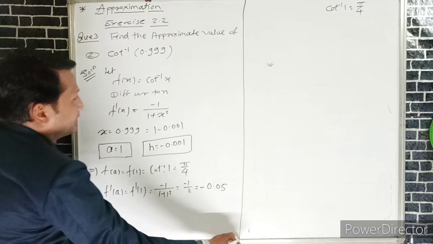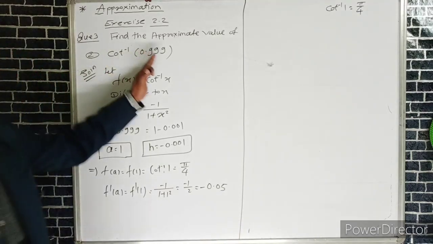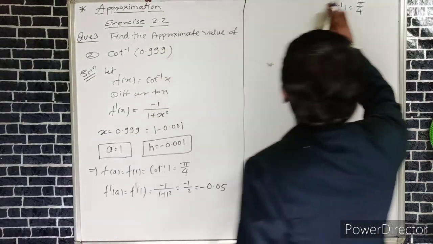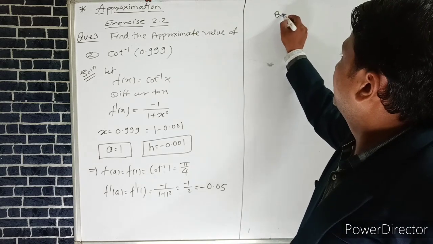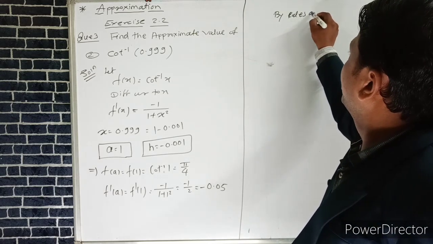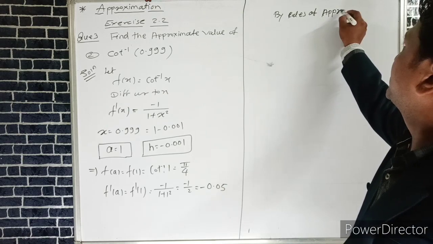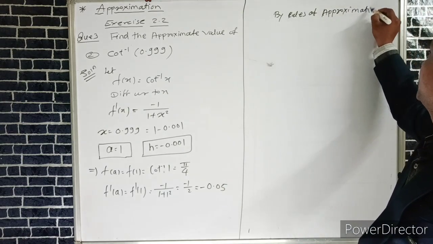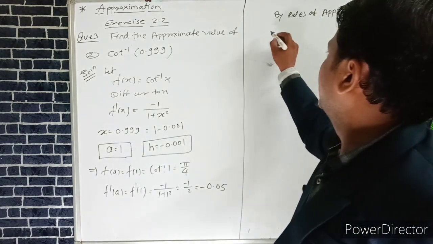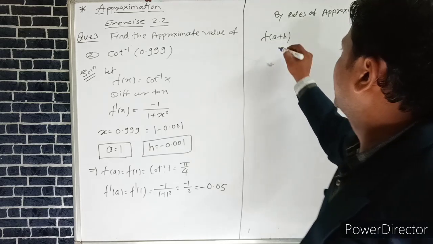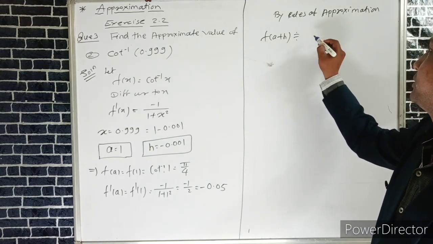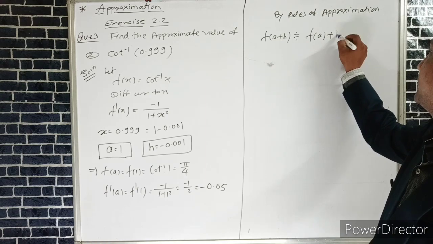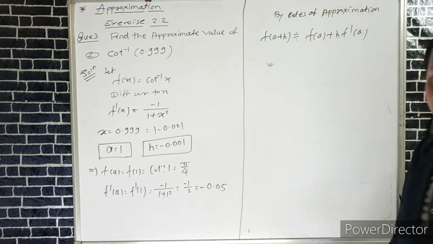Now we have to find the approximate value of cot inverse of 0.999. So we can write by the rules of approximation, you know, f of a plus h is approximately f of a plus h into f dash of a.